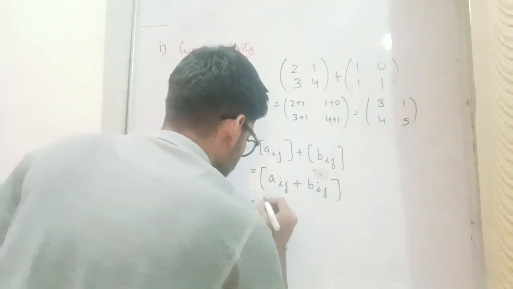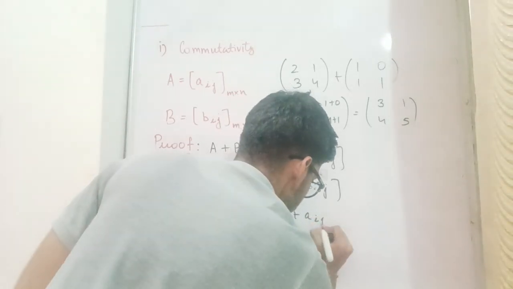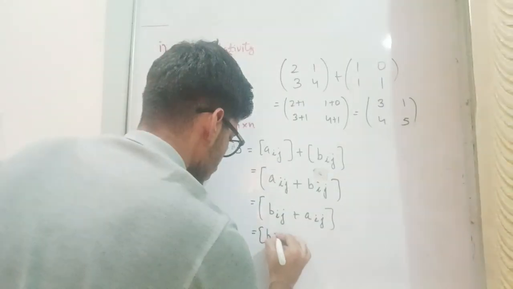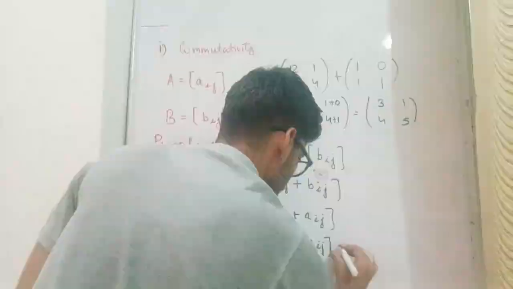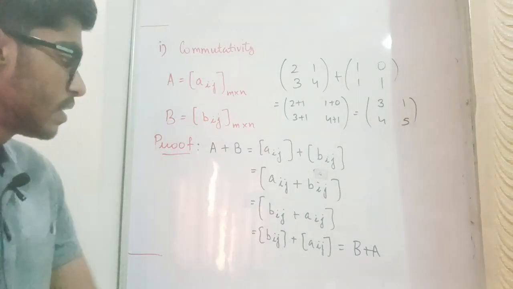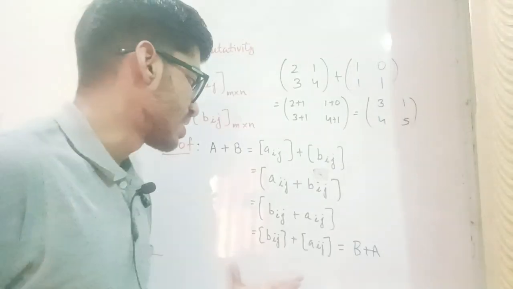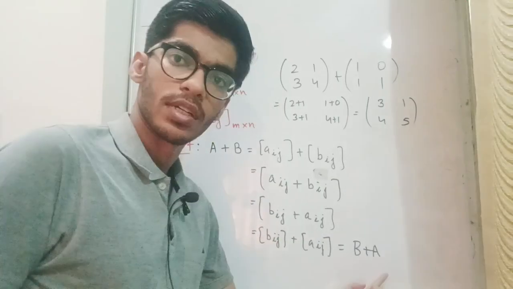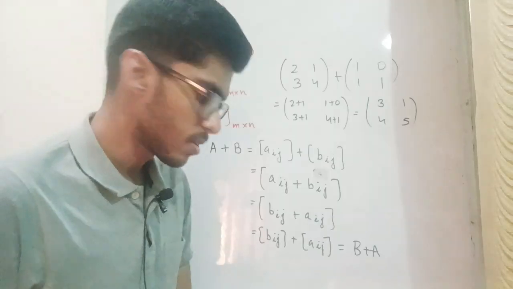So I can write it this way: b sub ij plus a sub ij, which is nothing but matrix B plus A. And there we have proved our first property of matrix addition, that the addition of two matrices A and B is commutative. So the order doesn't matter at all when we add two matrices, right?